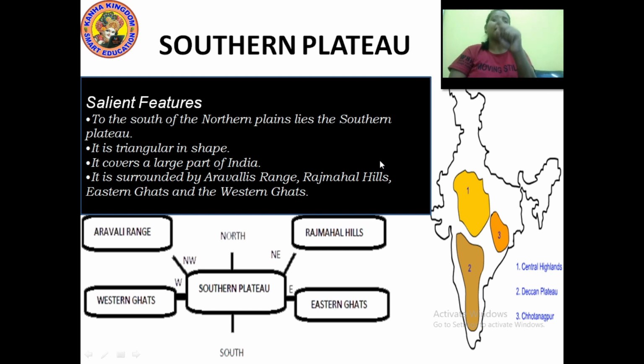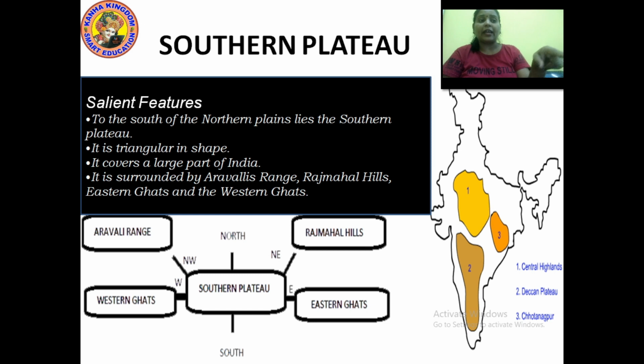Now in this map, are you able to see number 1, 2 and 3? Number 1 is labeled as Central Highlands. Number 2, Deccan Plateau. And number 3, it is Chota Nagpur Plateau. So these are the main three parts of the Southern Plateau.